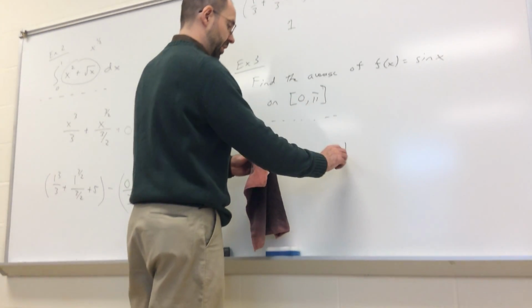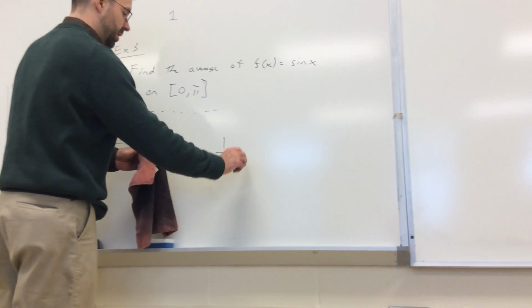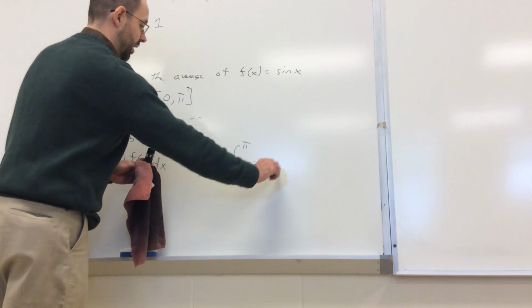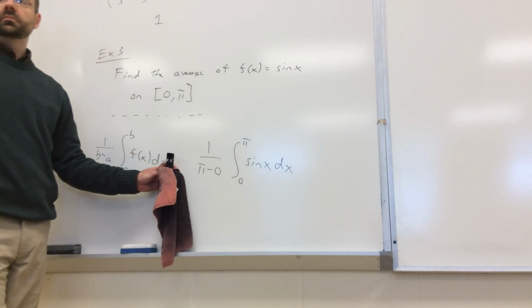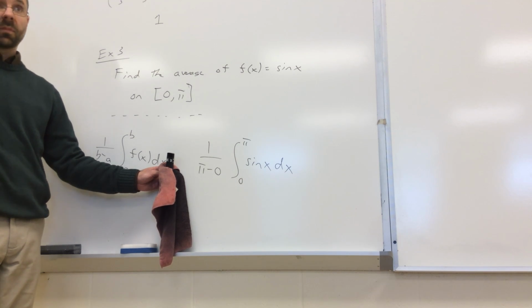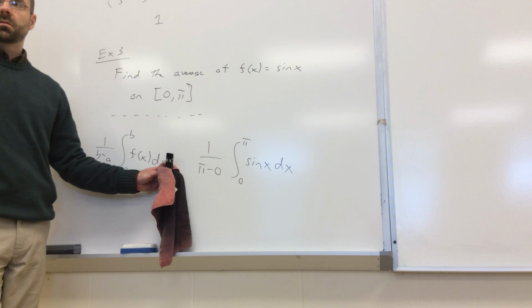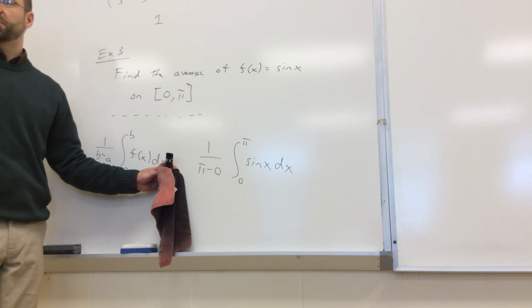So we're going to take 1 over pi minus 0 times the integral from 0 to pi of sine of x dx. Pi minus 0 is obviously pi, right? So it's 1 over pi.